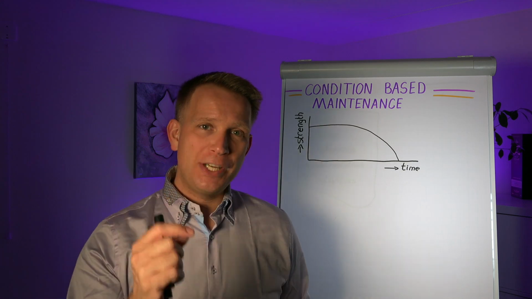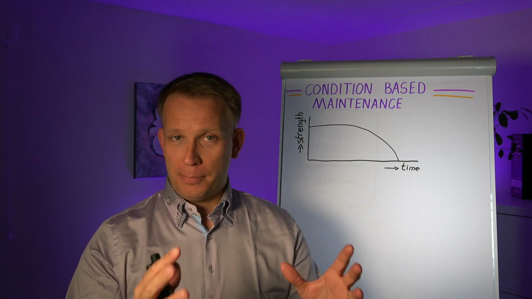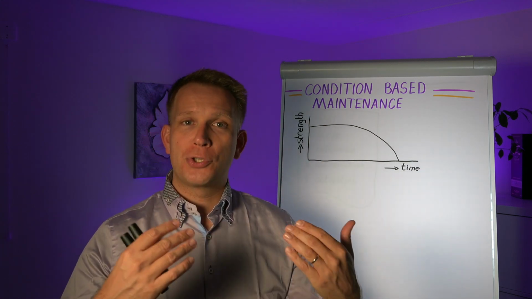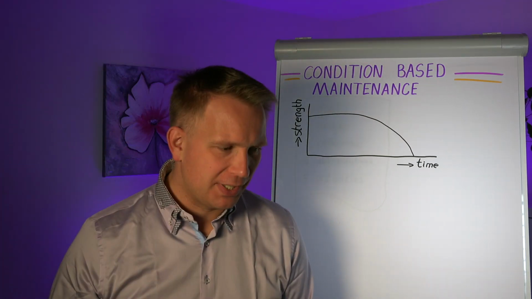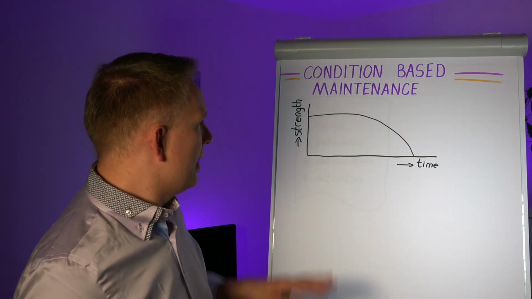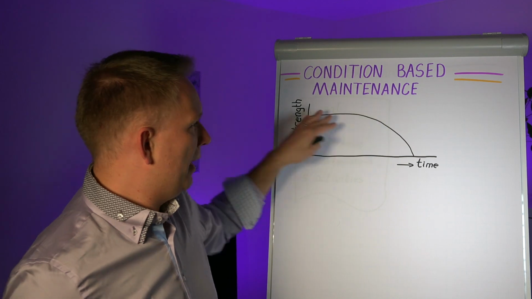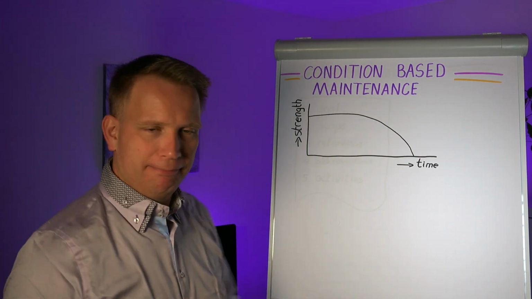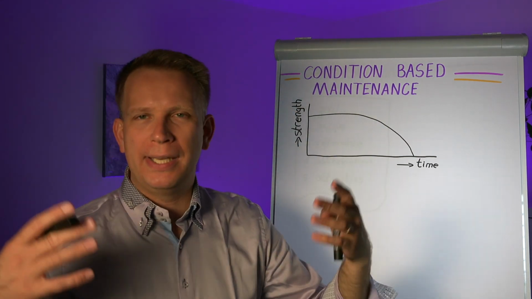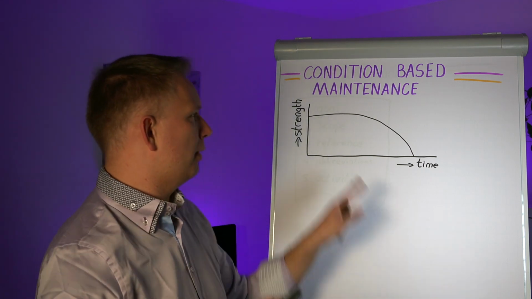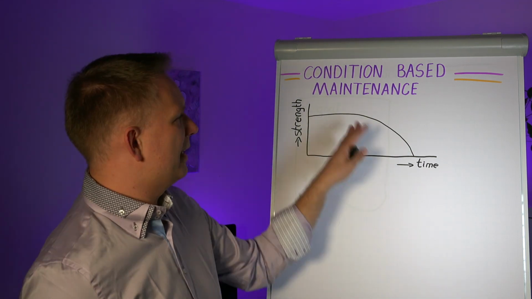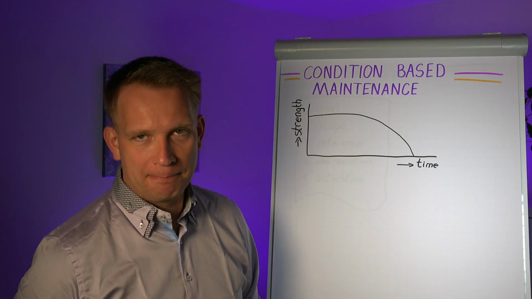You check the condition of the part on the machine, and when that drops below a certain threshold, then you replace it. Now, how can we think of this in a more visual way? Say we have a part that just stays at the same strength or thickness or quality or whatever. It performs very well over quite a good period of time, but at some point it just starts deteriorating.